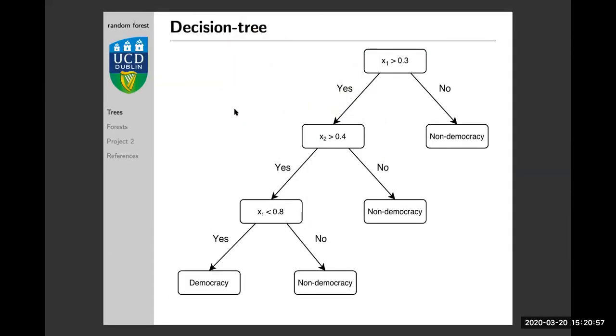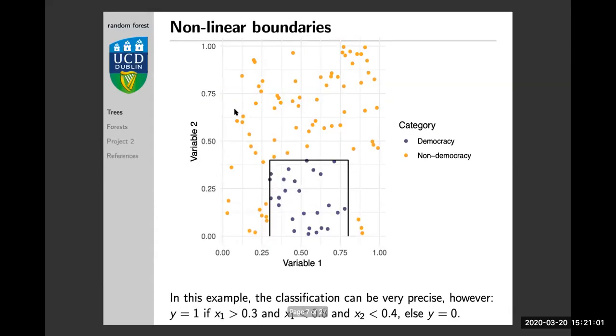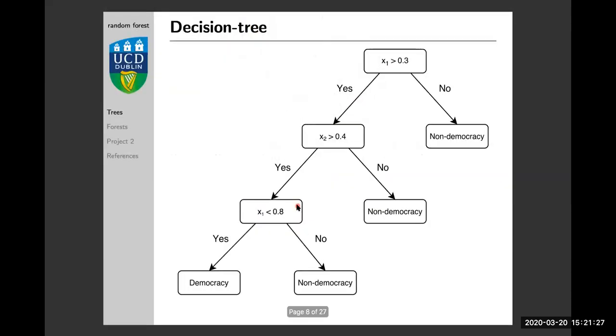So a decision tree looks a bit like this. As I said, we see the box of the democracies exactly in that area where variable 1 is greater than 0.3, it is less than 0.8, and the second variable is less than 0.4. So we can make a decision boundary where this is a decision, and then we decide whether it's this, and then we decide whether it's this, and then we know whether it's a democracy or non-democracy. And if you wanted to make that in the decision tree, it looks something like this.